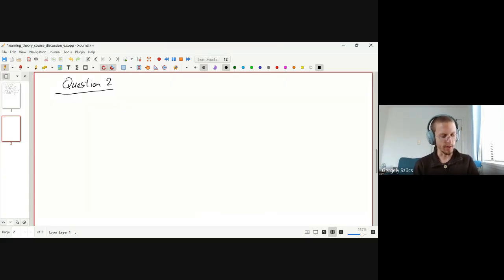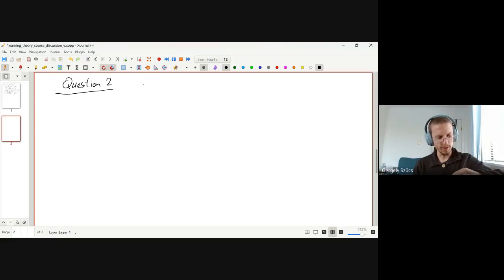I guess it's an interesting question because we saw early on that for finite hypothesis classes we can bound the VC dimension by the log of the size of the hypothesis class, but here we can actually compute the VC dimension. It turns out to be something strictly smaller than the log of the size. So let's try to work this out.